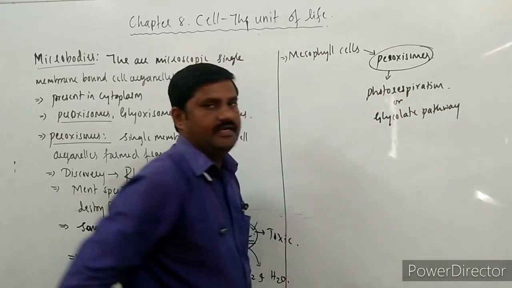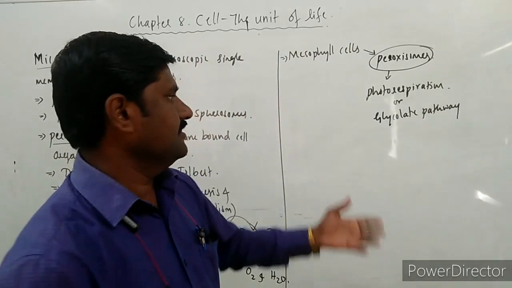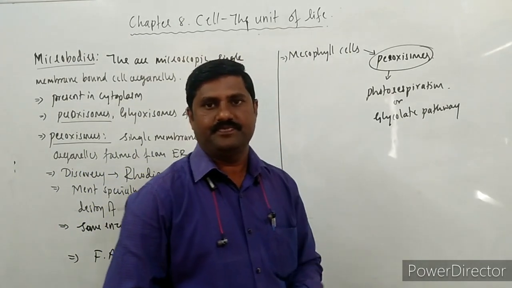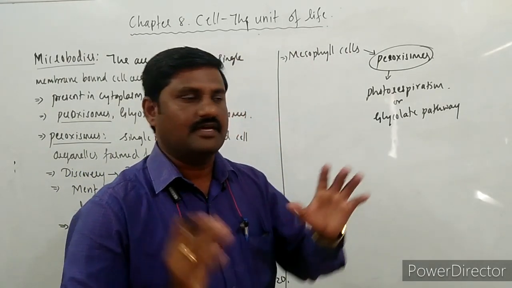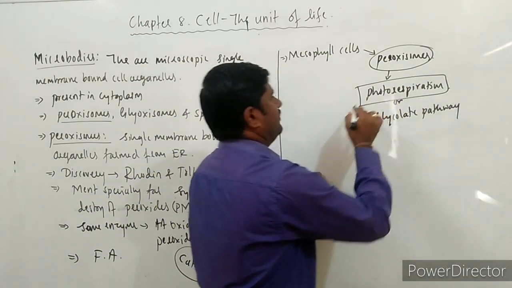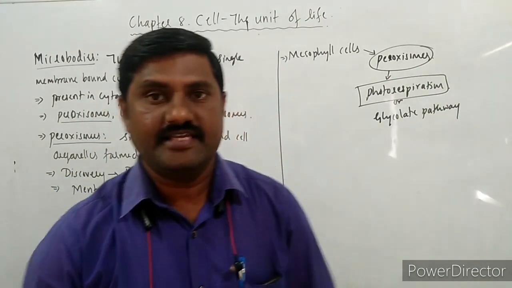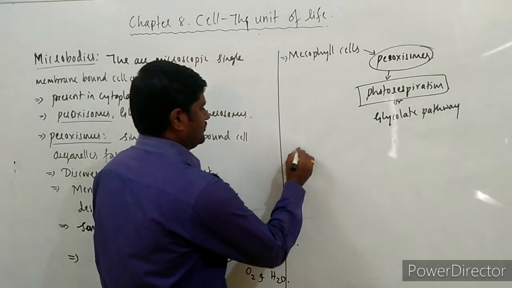You will study this glycolate pathway thoroughly in respiration in plants. This is one more function, an important aspect to be remembered here. So these are the functions of peroxisomes. And the next one is glyoxysomes.